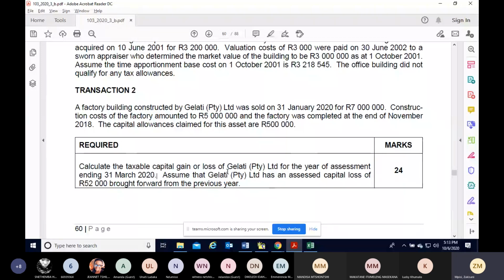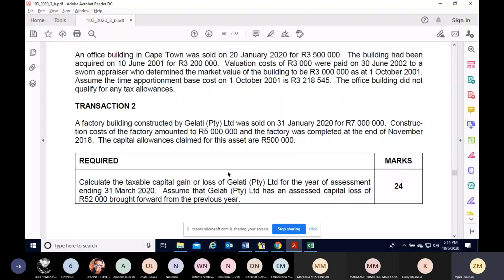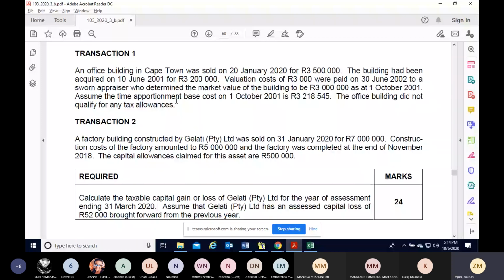So we are going to deal with capital allowance, capital loss, assessed capital loss. It's assessed because the taxable income of the previous year has already been assessed by SARS. So we must calculate the taxable capital gain for transaction 1 and transaction 2, and then see what the net capital gain is. Let us quickly start with transaction 1.